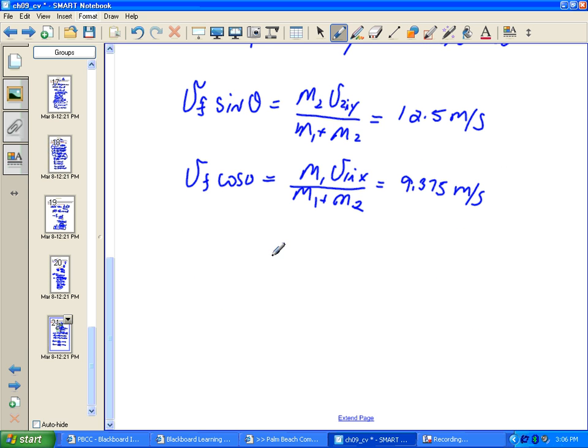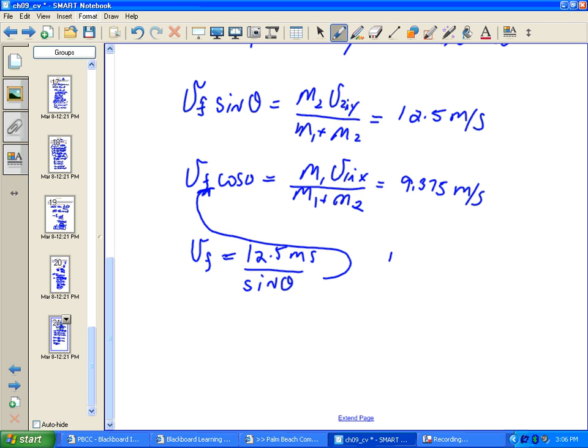What do we do now? Well, easy. One way we could do several things. We can say VF equals 12.5 meters per second divided by sine theta, if we wish. And then we plug that into here.